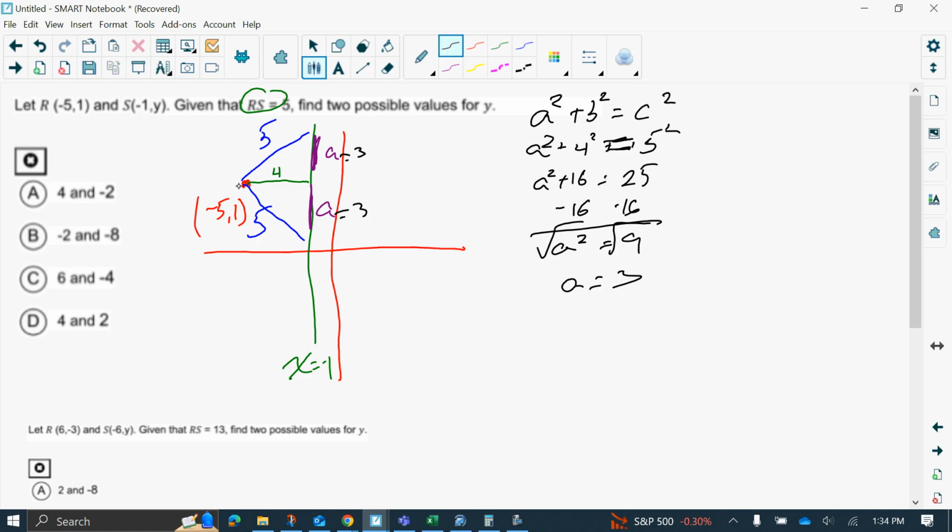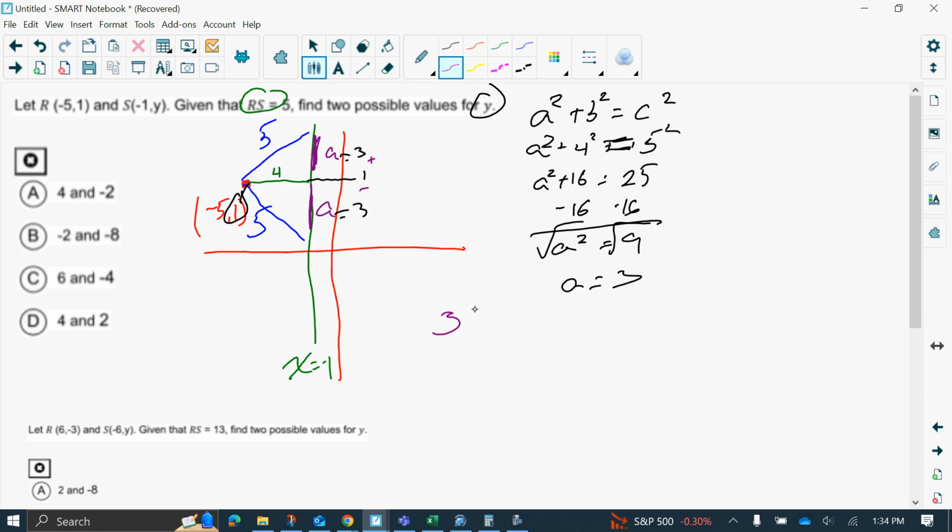Now remember, this y value was 1. So we're looking for y. So if this was 1 on the y-axis, we go up 3 and down 3. So plus 3 minus 3. Well, 3 plus 1.